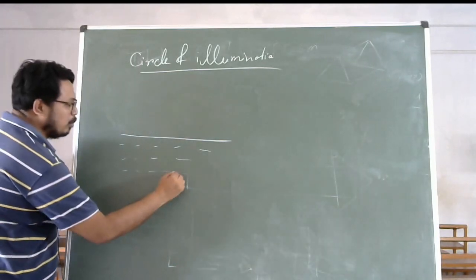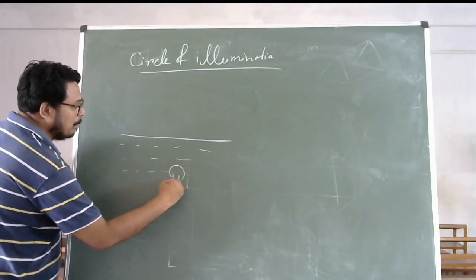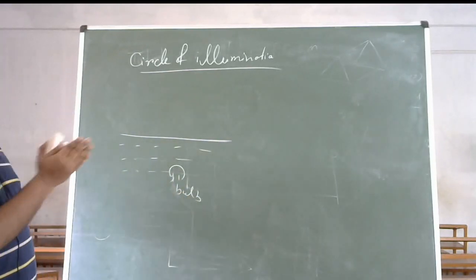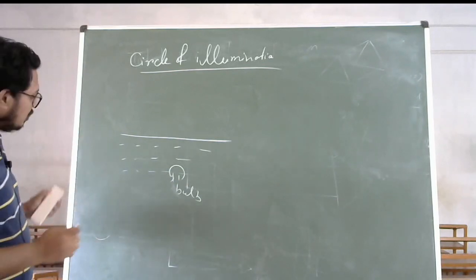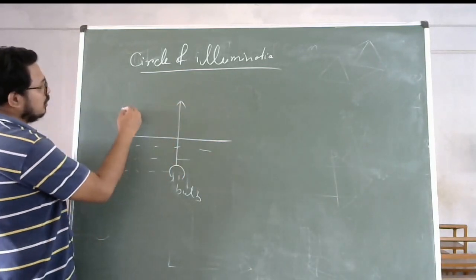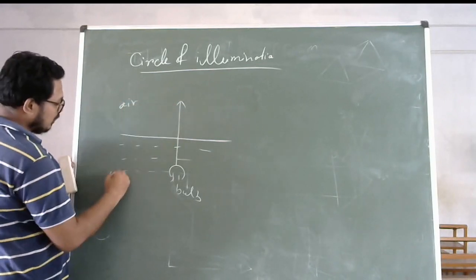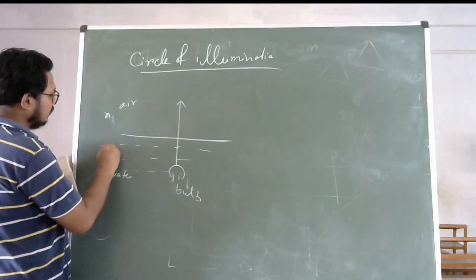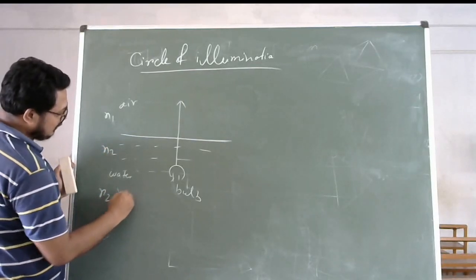Inside water, if you keep a bulb, what will happen? From the bulb, light will come out in every direction. Now, that one is air, this is water. So the refractive index is greater here. If one is n1, this one is n2. You know that n2 is greater than n1.